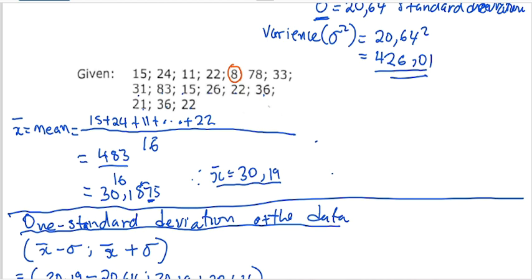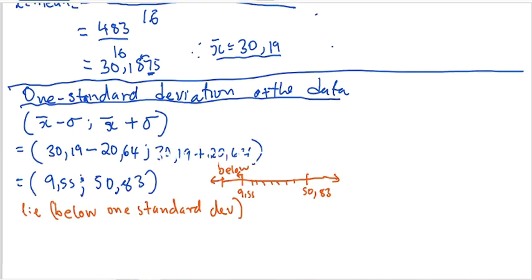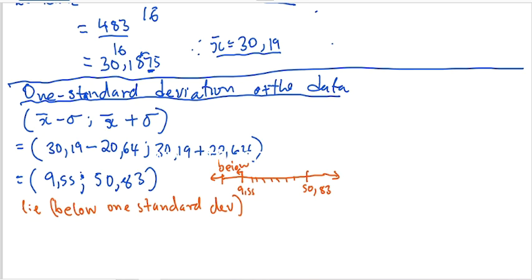So for us to write the answer, if they are saying below, we're going to say there is 1 below one standard deviation of the mean.